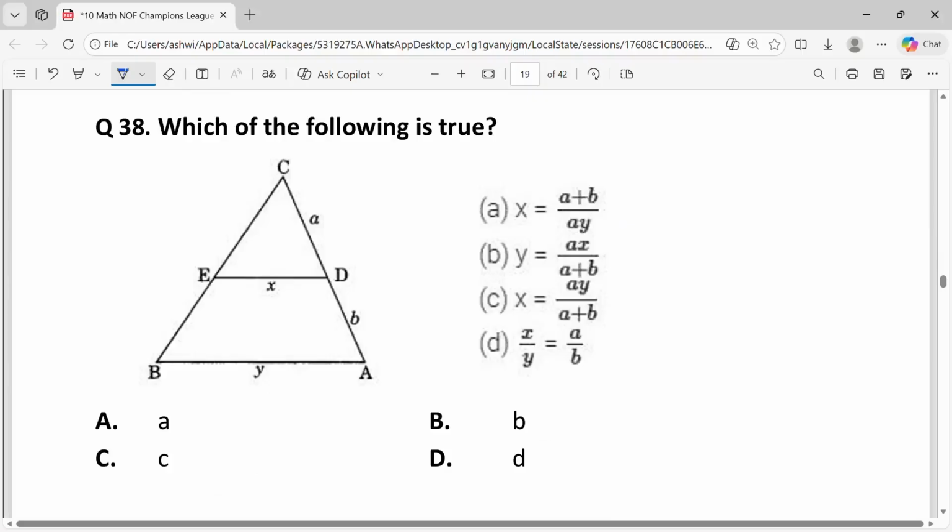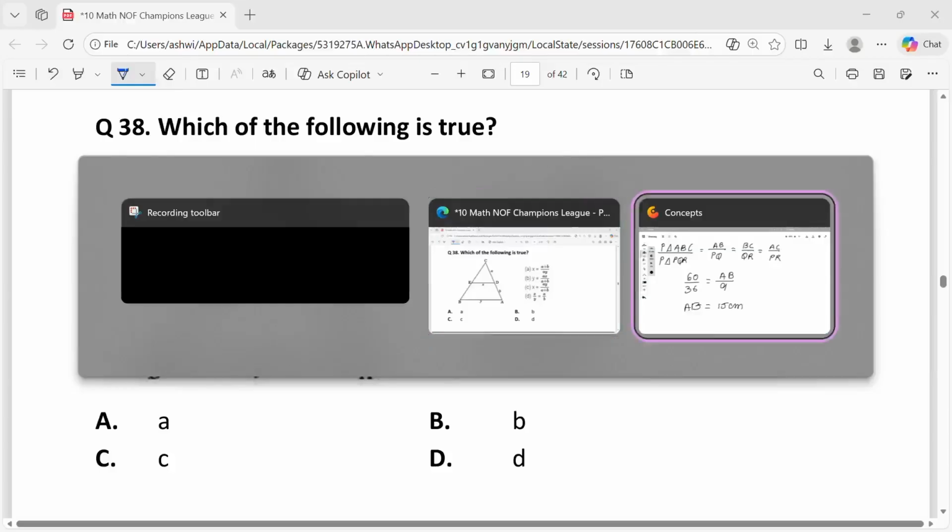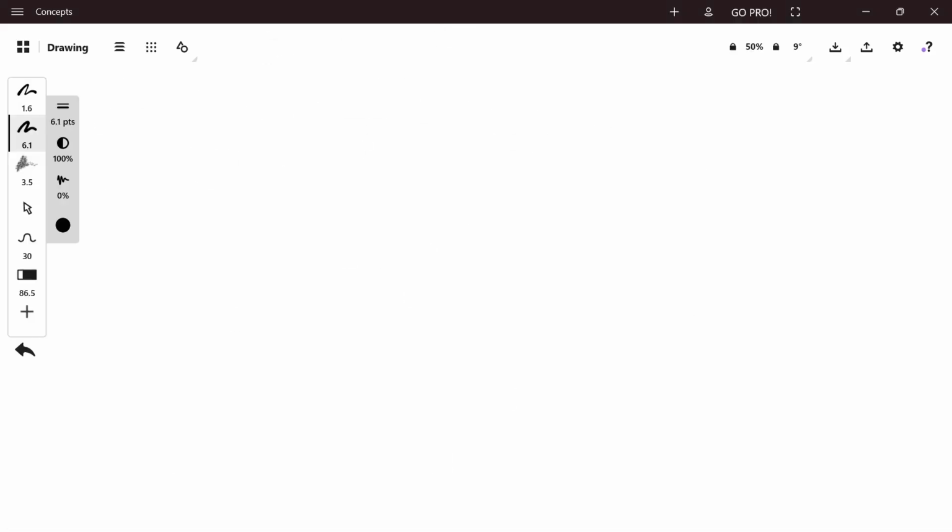Which of the following is true? In the given figure, ED is parallel to BA, indicated by the line segments X and Y being parts of parallel lines, within the context of similar triangle problems.